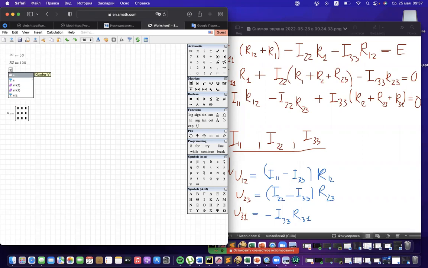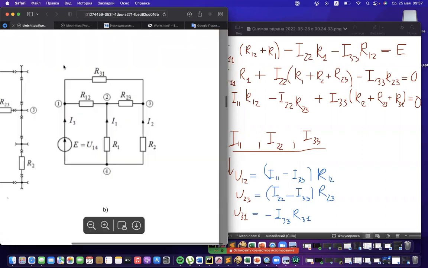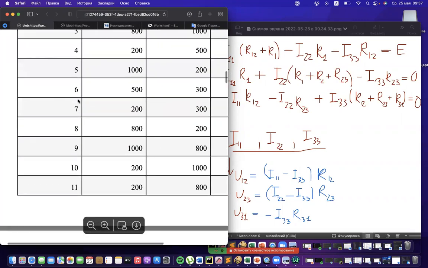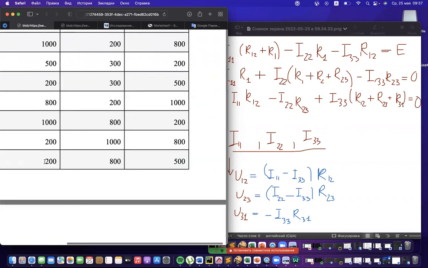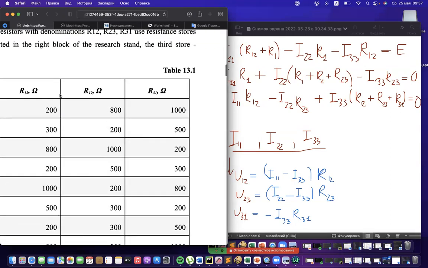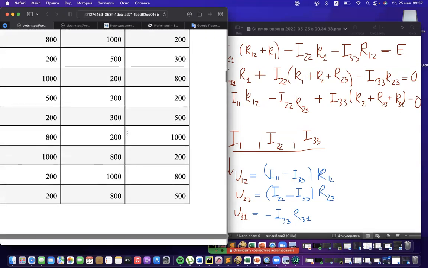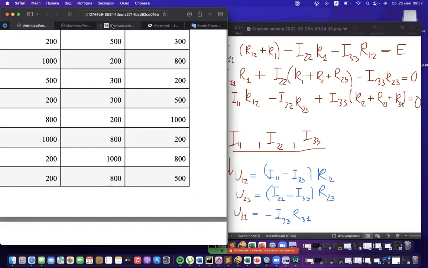Electromotive force, let it be, for example, 20 volts. And others you will get from your variant. For example, let's build the last variant: 280, 800, and 500 for these resistors.